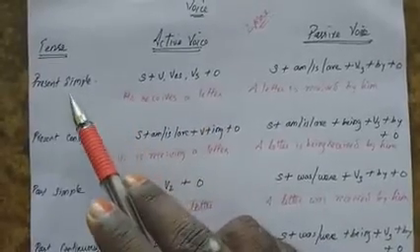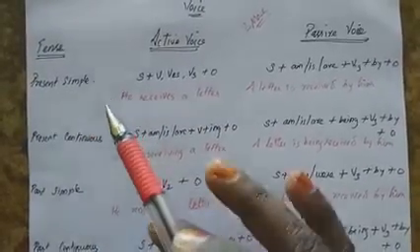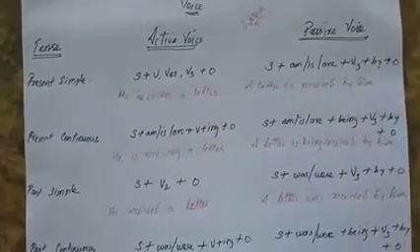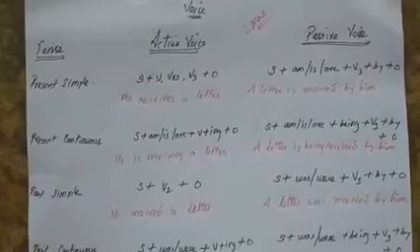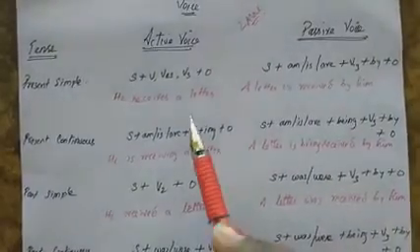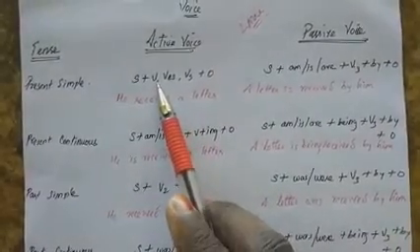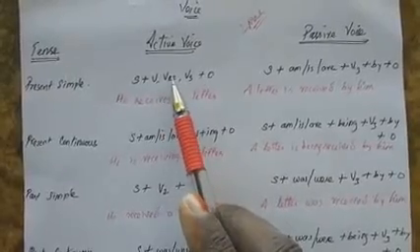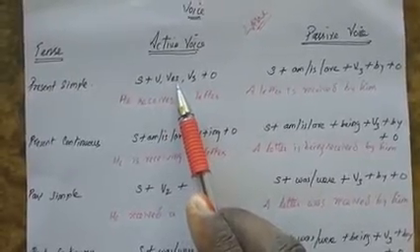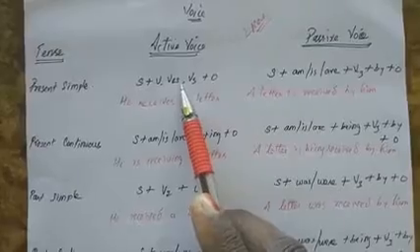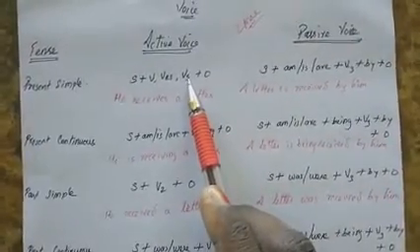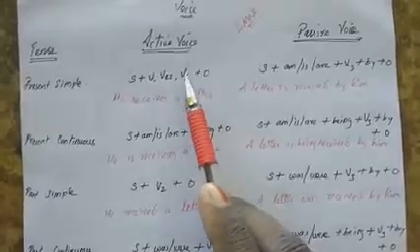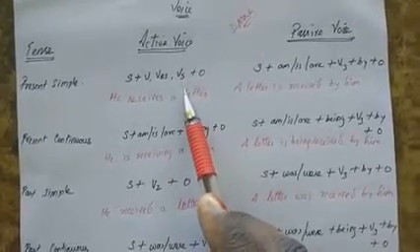Take for example, present simple, right? In present simple, the sentence may come in three different forms. In simple present, in active form, the verb may come in three different forms.